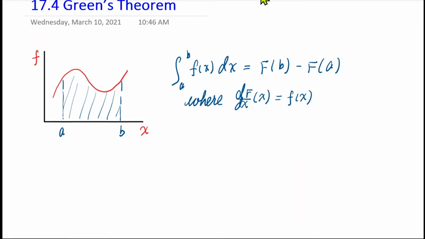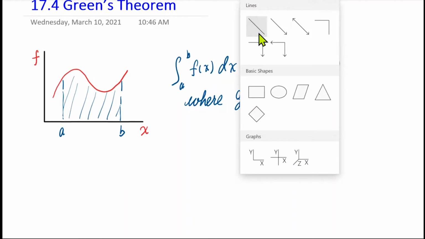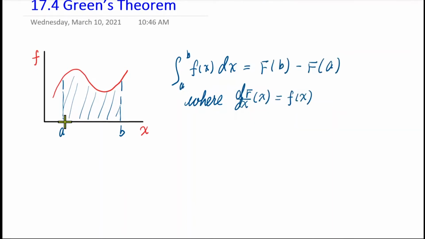I'm going to put this in a different color. That didn't work. Hold on, not that one.